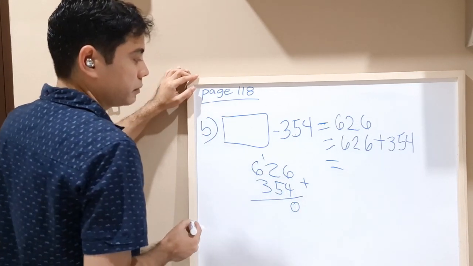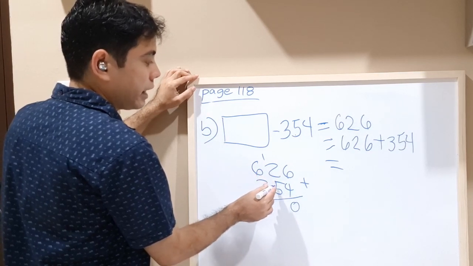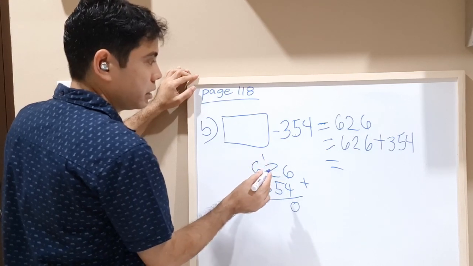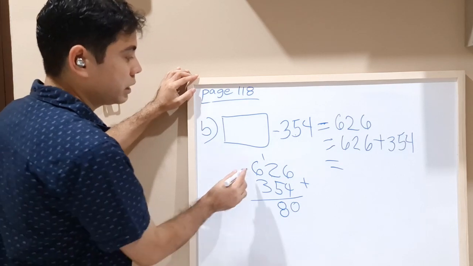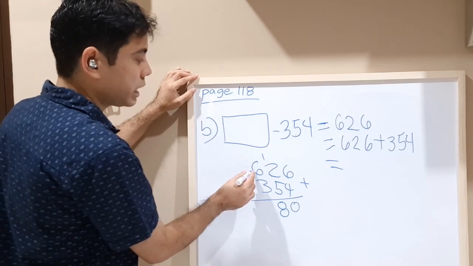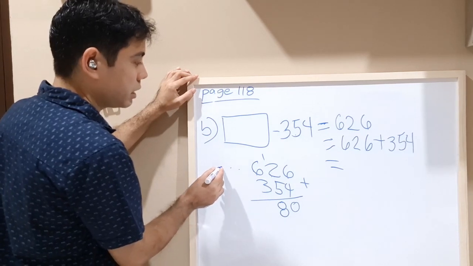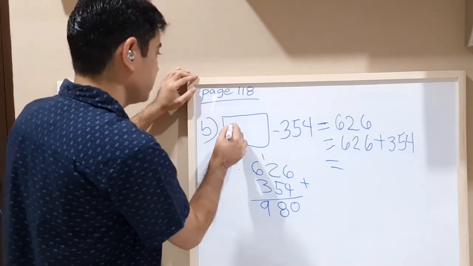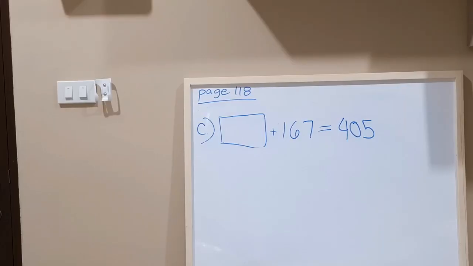Carry 1. 5 plus 2, 5, 6, 7. 7 plus 1, 8. 6 plus 3, 6, 7, 8, 9. So 980. Okay, let's go to letter C.